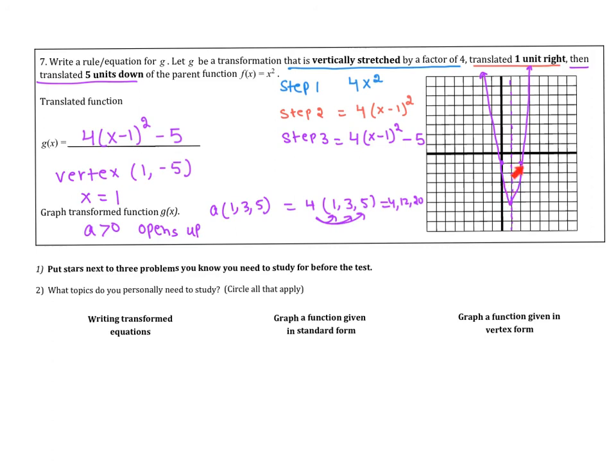And then from here, you're going to go up 12, which I don't bother to graph. So I have 3 points, so that's enough to get a good look at the graph. So this is going to be my graph that is vertically stretched by a factor of 4, and it's moved 1 unit to the right and 5 units down.